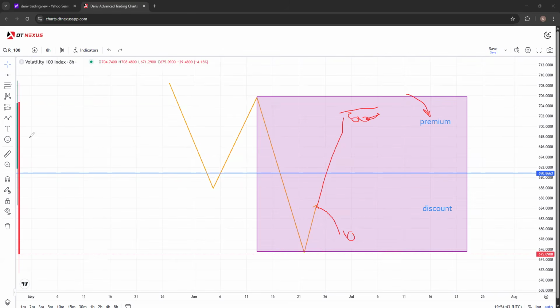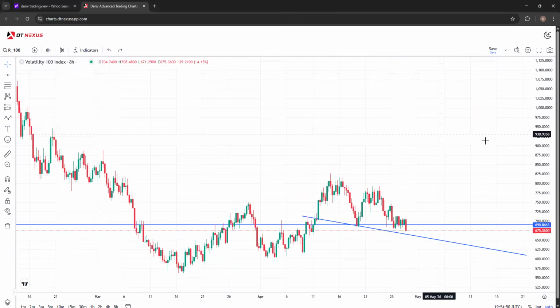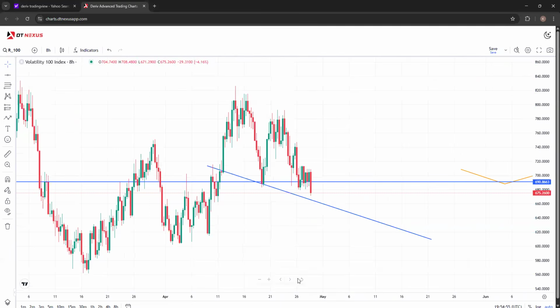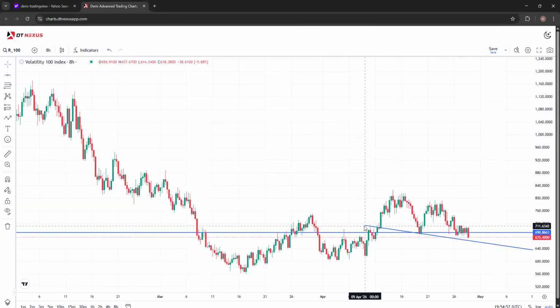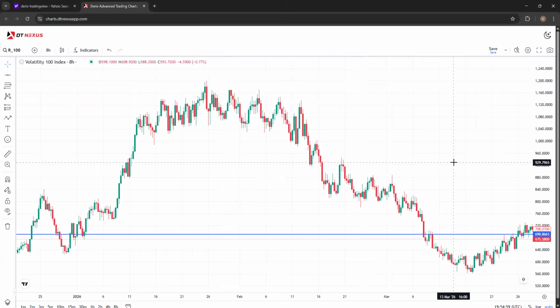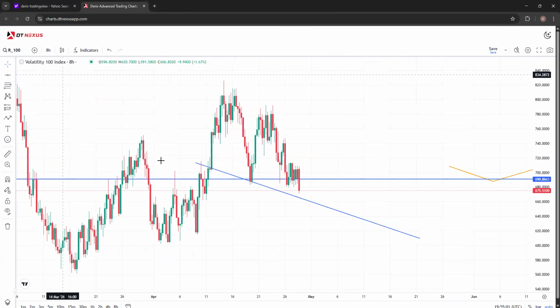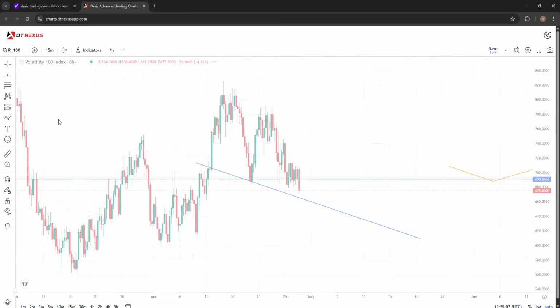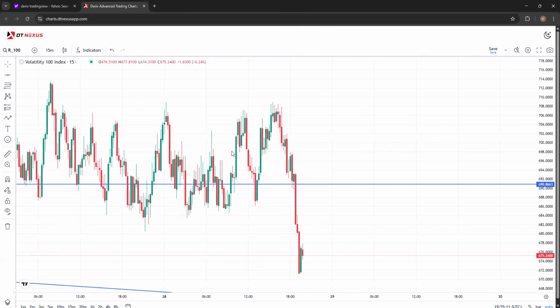All right, let's go on the actual chart. Let's go on Deriv on the actual chart and see what it is that I'm talking about. So let's look for where price was at some point. Let me go to M15 so that we can quickly find structure in these smaller time frames.